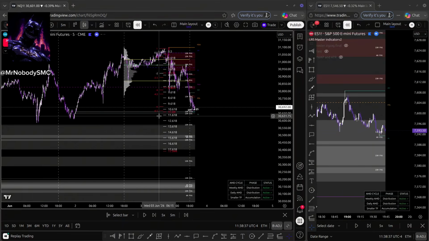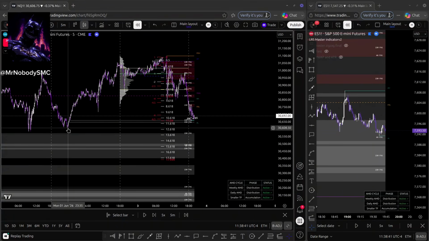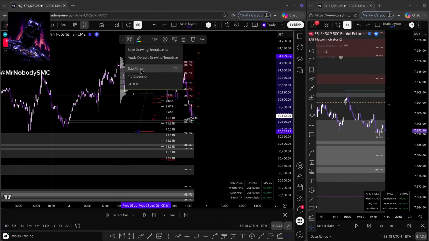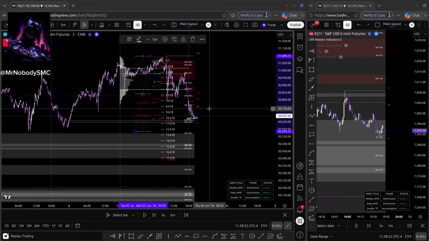I can identify my range of equilibrium. In this case, it would have been from this major swing low, which then started the bullish distribution, right? When it comes to equilibrium, we are at the 0.786.